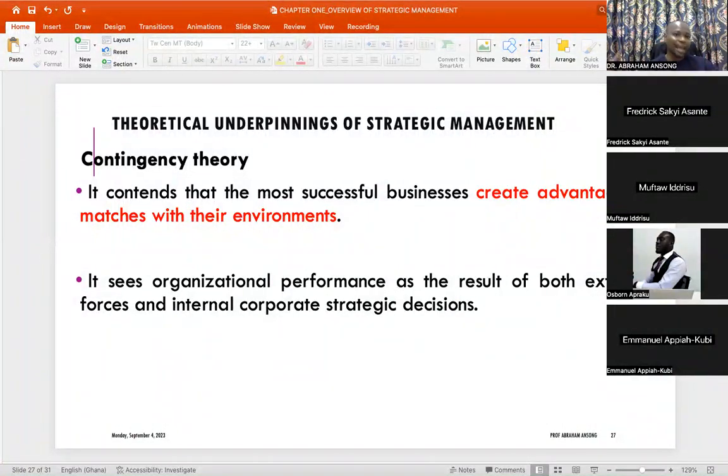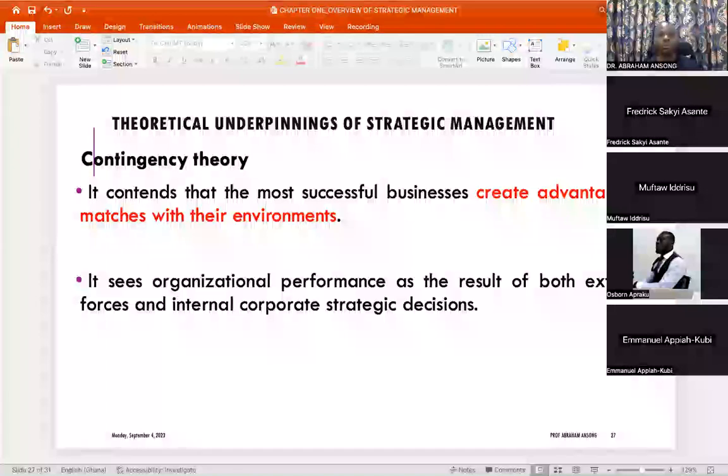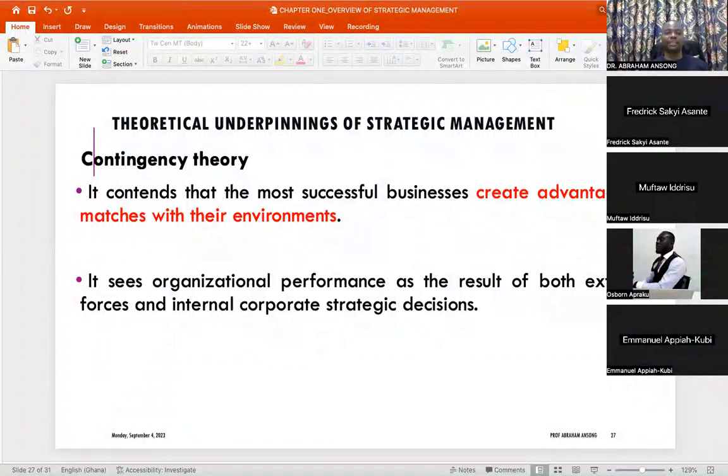So unlike IO that pays attention to external environments, or the resource view that looks at the internal environment, with contingency theory, and that is the most realistic one, a manager must pay attention to both the external environment and your internal environment. You need to be able to match these things up in order to take advantage of the business or the industry within which you operate.